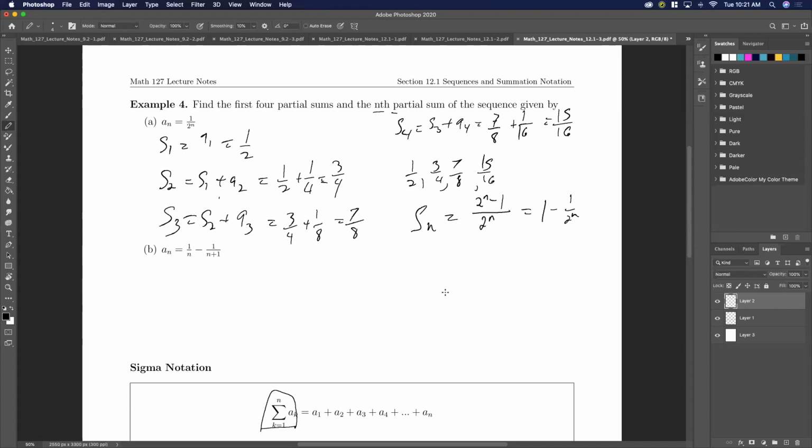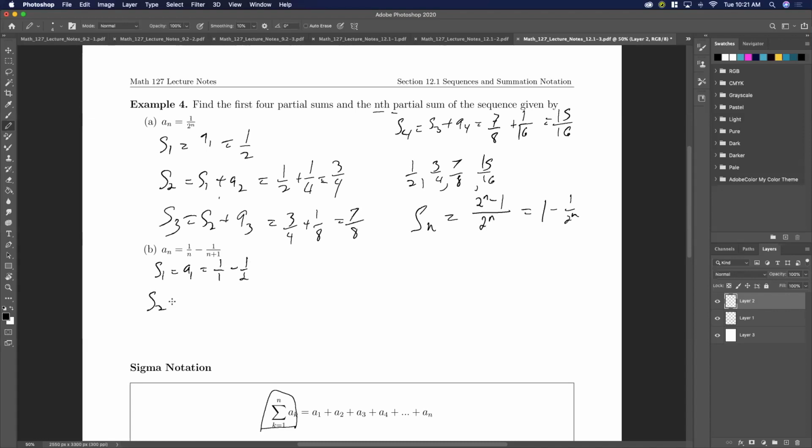Okay. Let's do this one. All right. So S1 is equal to A1, right? Which is equal to 1 over 1 minus 1 over 2. And I'm going to leave it this way just so it's easier to see what's going on for a particular reason.